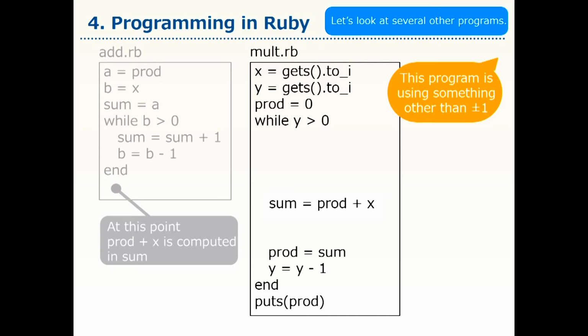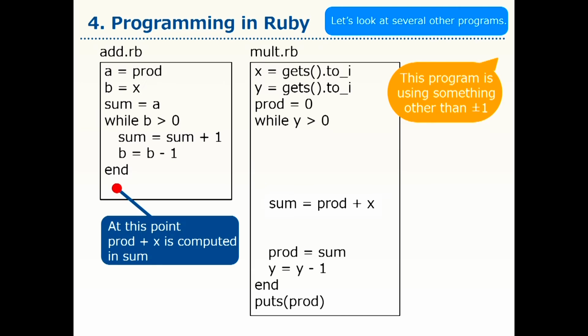Now we have modified it in the following way. First, compute prod plus x and put it in sum. Then put the value of sum into the variable prod. Clearly, it does not change the result of the computation. Now, look back at the left side program again.